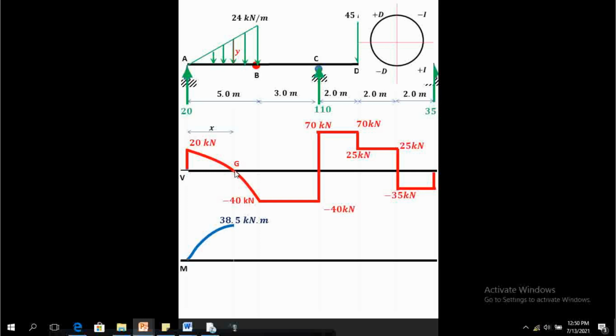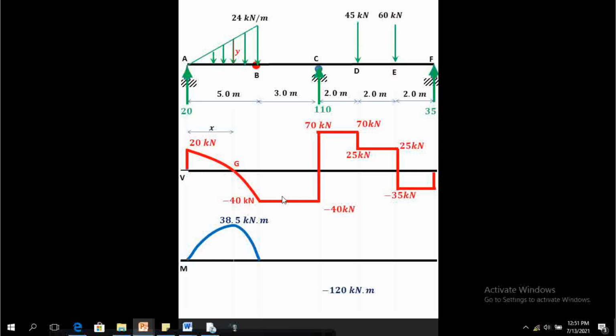Now, from G to B, that is 0 to 40. Again, increasing siya, pero nasa baba. So, negative increasing. Ang magiging itsura ng curve ko is concave downwards. Ayan. So, nag-0 siya. Now, between B to C, this is a rectangle. The area now is 40 times 3, that is 120.